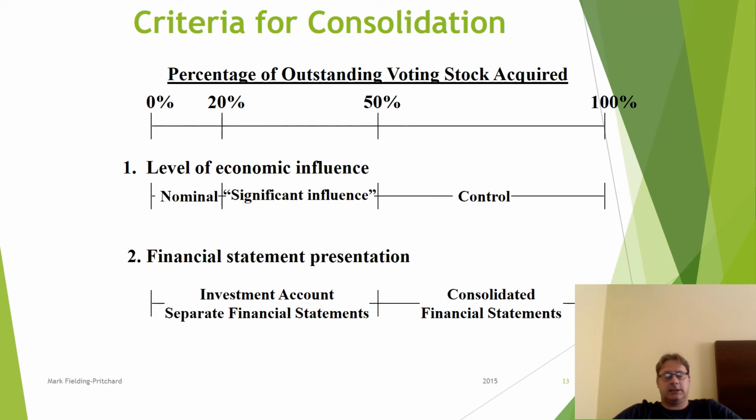So we show it in the balance sheet at cost, and then every year we add our share of profits. Once you hit 50% plus one share, you have control, and once you have control, then you have to consolidate. Okay, right, now that is relevant for paper F7.